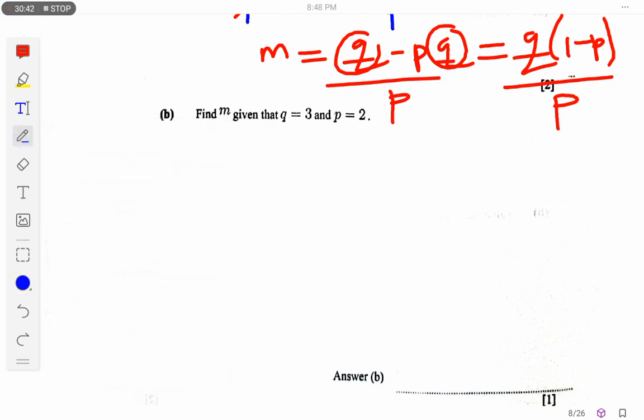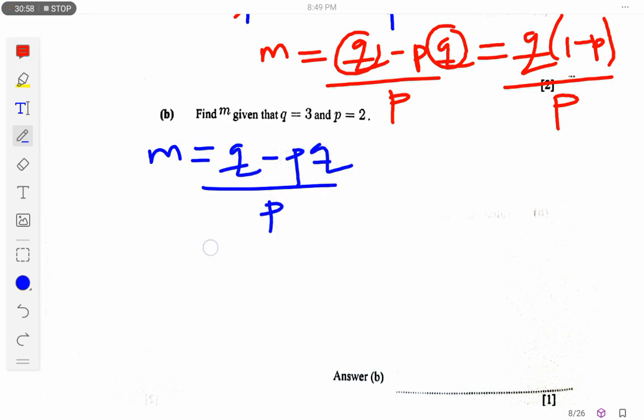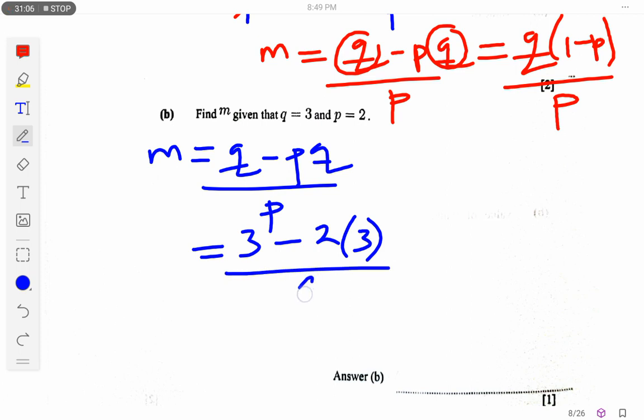I'll use the one that is simply not complicated, without the factorization. This one, I'm using this one. So we said our m is equal to q minus pq over p like that. What are our values? q is 3, p is 2, over p is 2 like that.